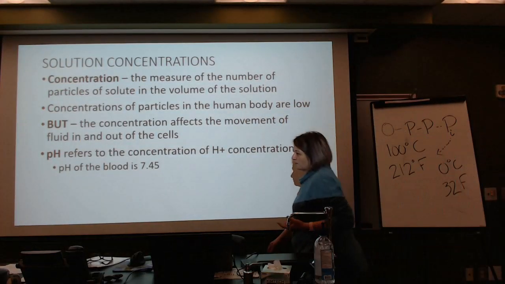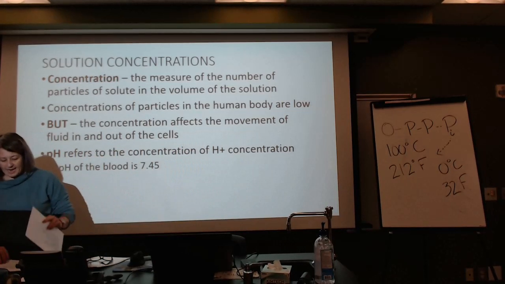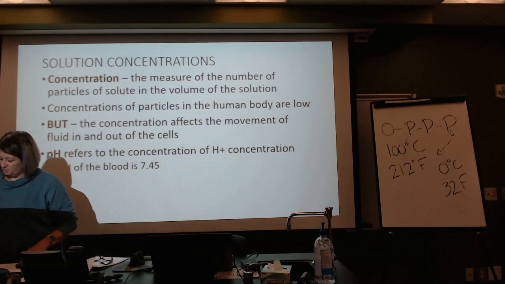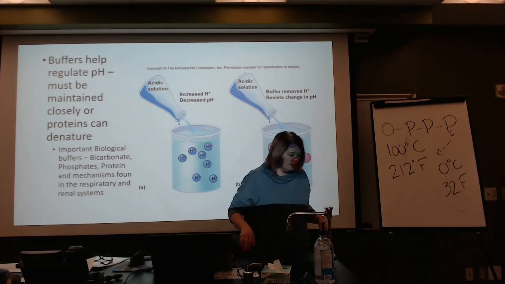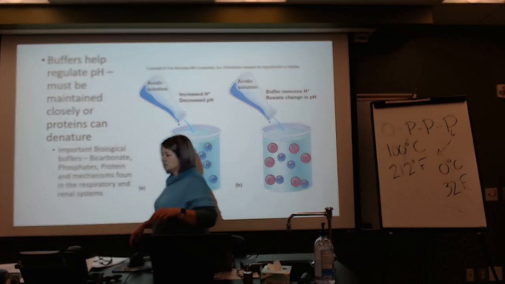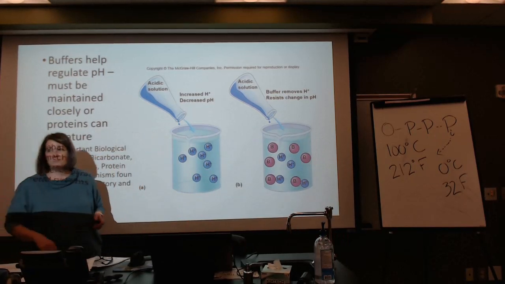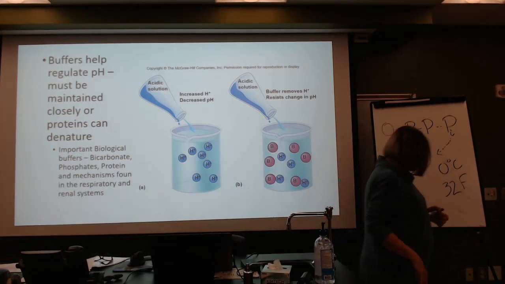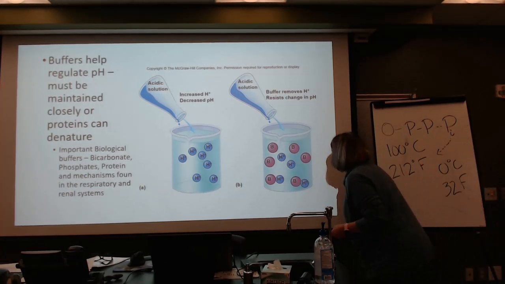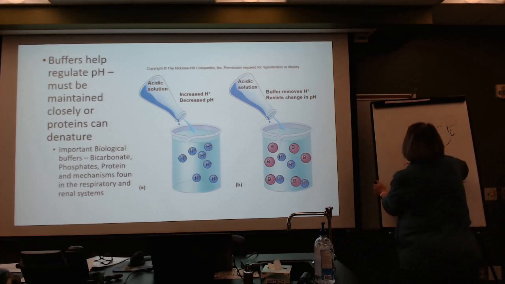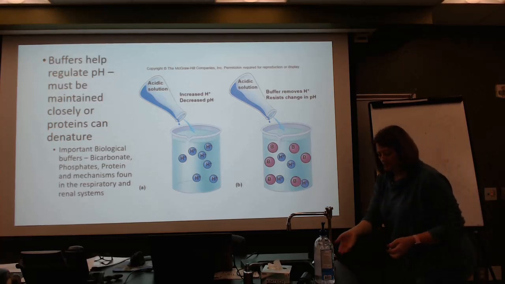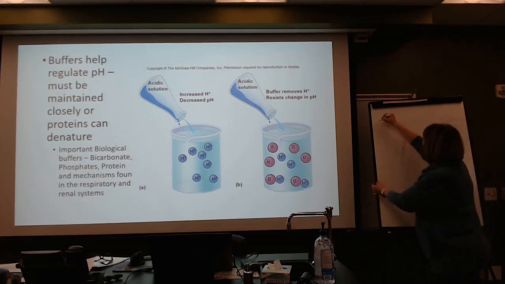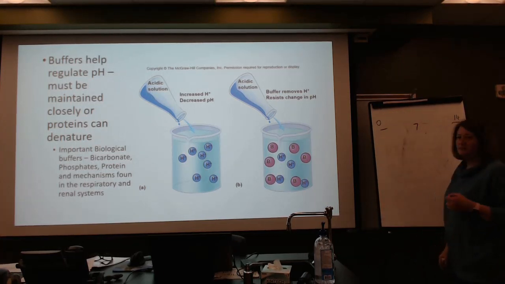So, in the blood, my pH is supposed to be 7.45. Well, because everything on the pH scale is logarithmic, I've got 0, I've got 14, 7 is considered neutral.